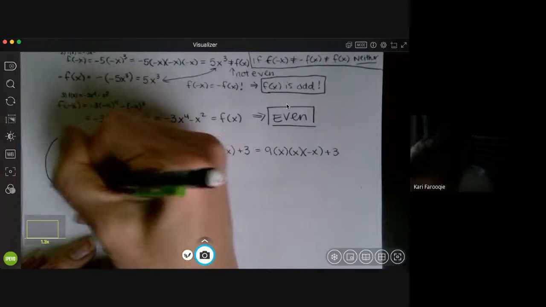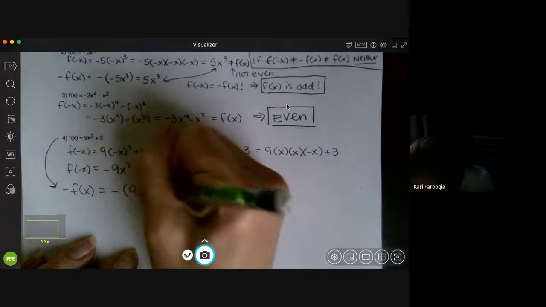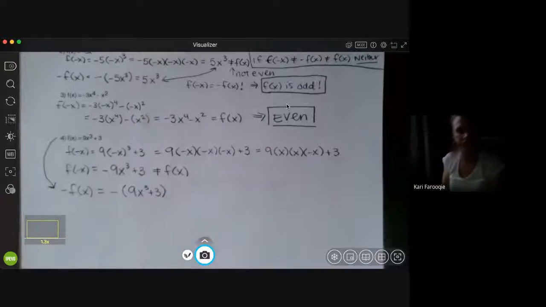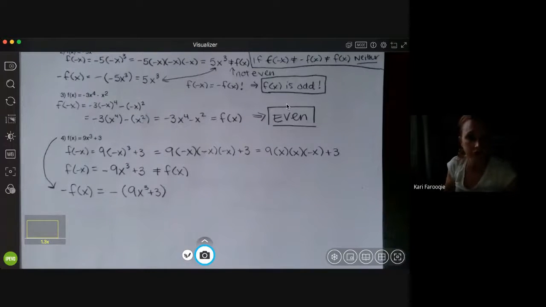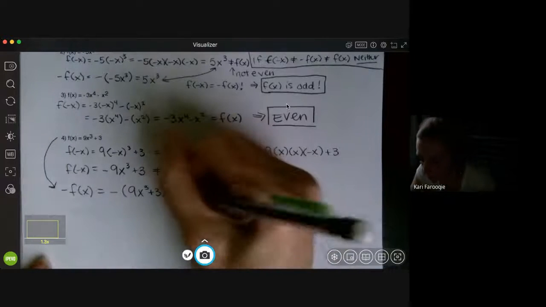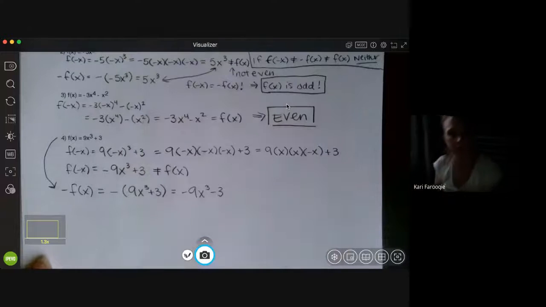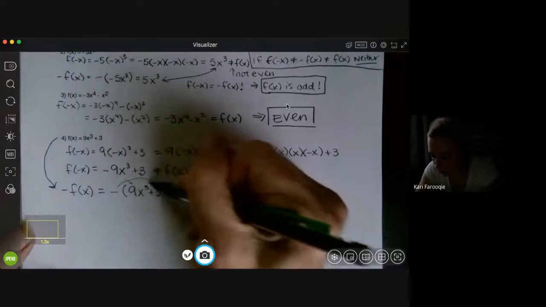I'm just going to take a negative of my original function. So that whole function, I'm going to apply a negative sign to it, and I'm going to distribute it into the expression. So the whole thing gets negative, not just the first term. So we have negative 9x cubed minus 3. Don't forget to distribute that negative sign to both terms.